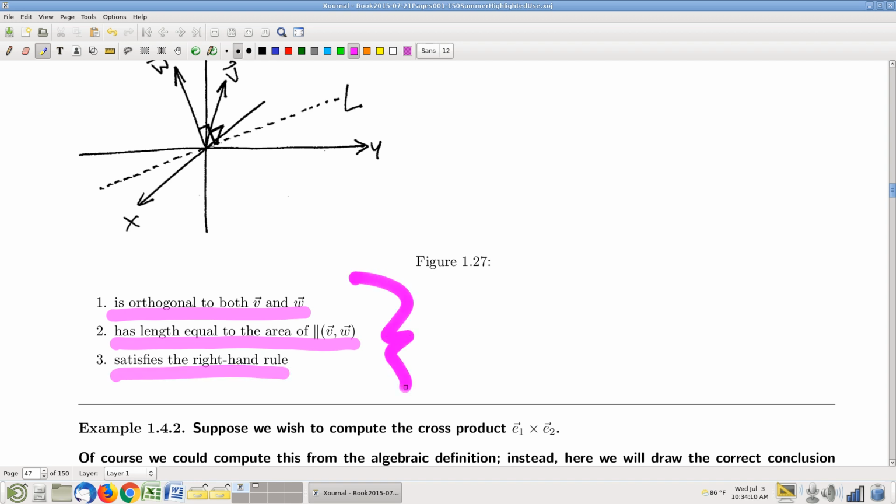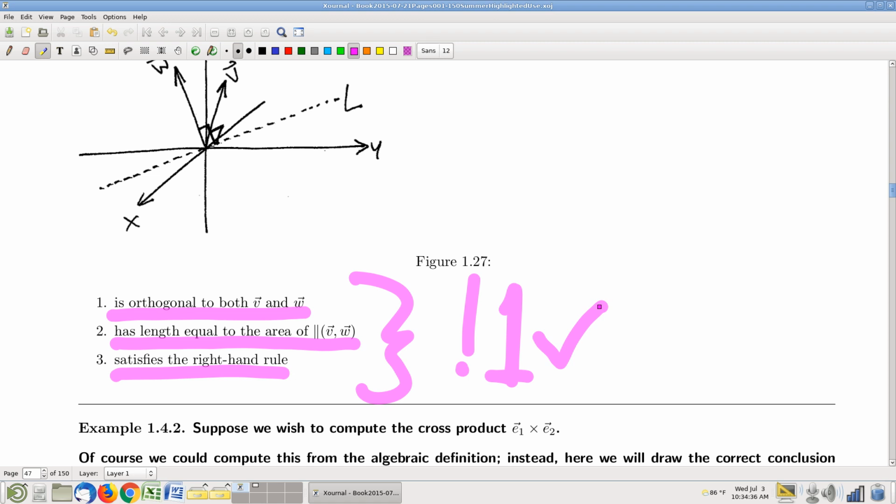There is always exactly one vector that satisfies those three rules. Some linear algebra textbooks define the cross product like that, as a geometric definition, and then work from there to derive the formula. That's kind of cool.